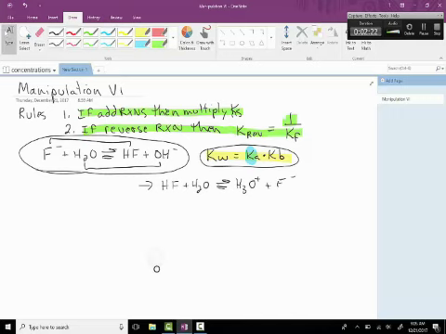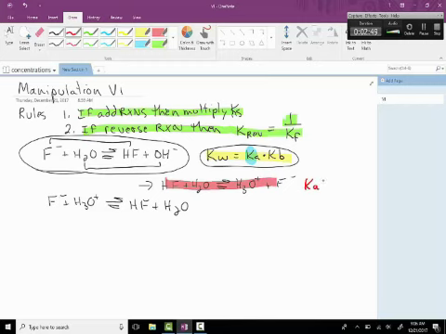So if I take this reaction and I flip it, I get F minus plus H3O plus in equilibrium with HF plus H2O. Now, I know the K's for these. The K for the original reaction is Ka, and I can look that up. I can look up Ka for HF.